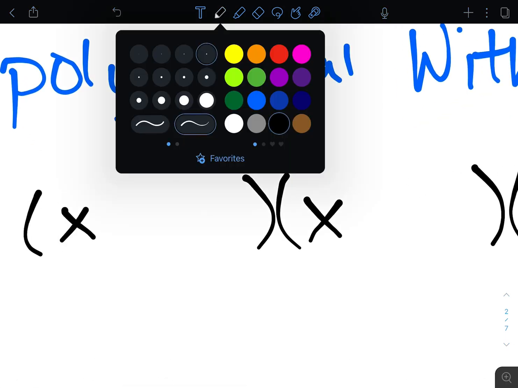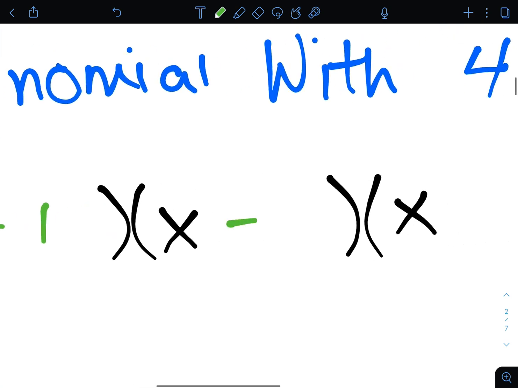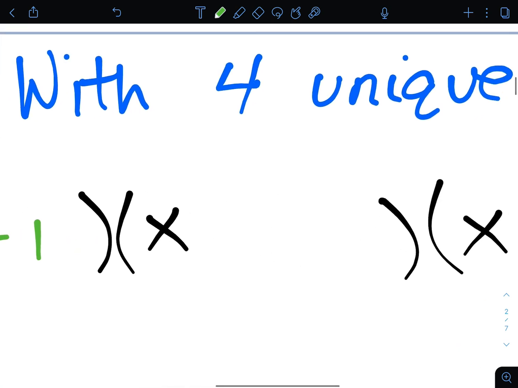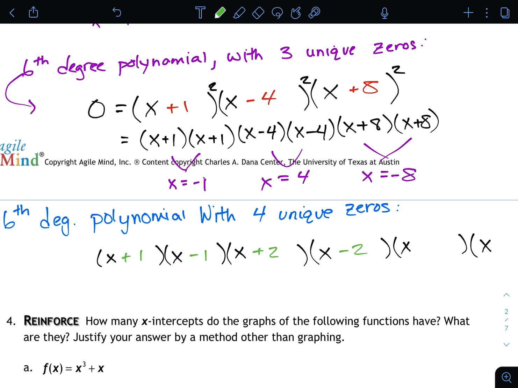So maybe for the first one, I say, okay, maybe I'll have x plus 1, x minus 1, x plus 2, x minus 2. At this point, I have 4 unique zeros. These are 4 unique groups, so they'll give me 4 different x values that give me 0.